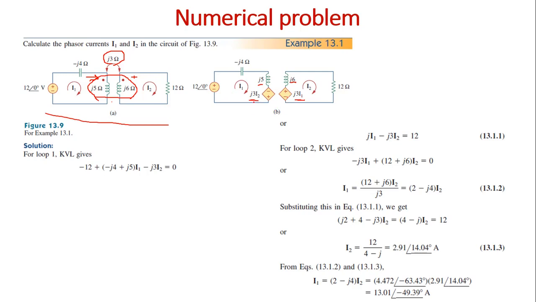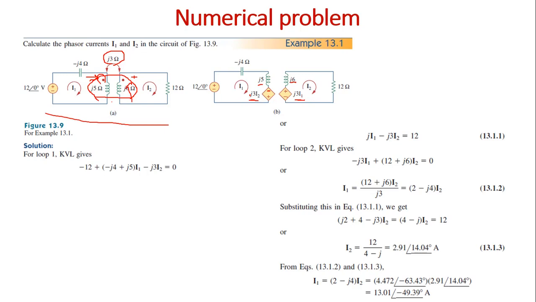Next, look at this current I2. Current I2 here leaves the dotted terminal, right? So what happens to this dot? If current leaves the dotted terminal, then the dotted terminal in the other coil will be treated as negative, so it is negative positive. So these are the polarities.